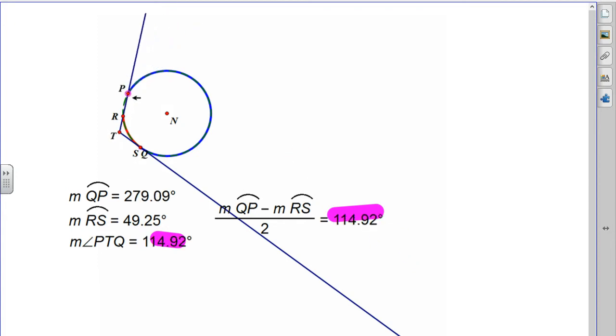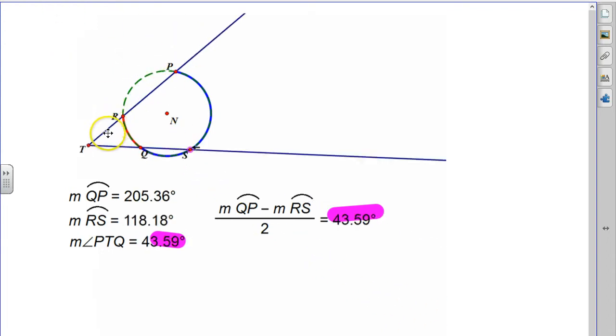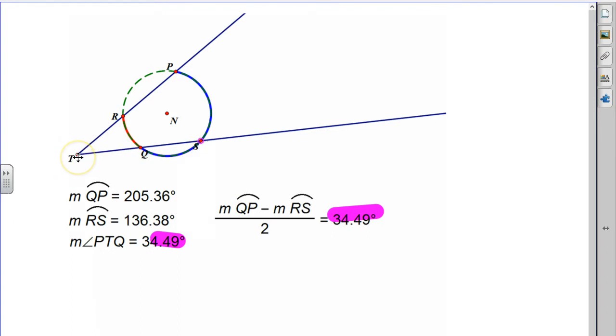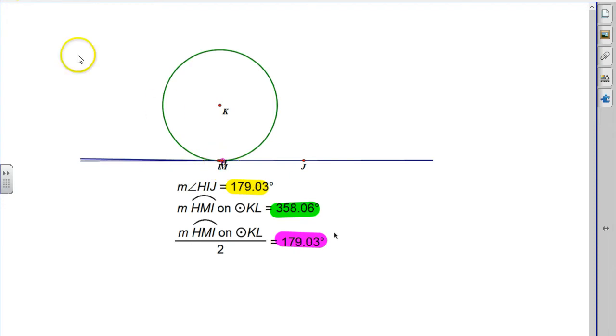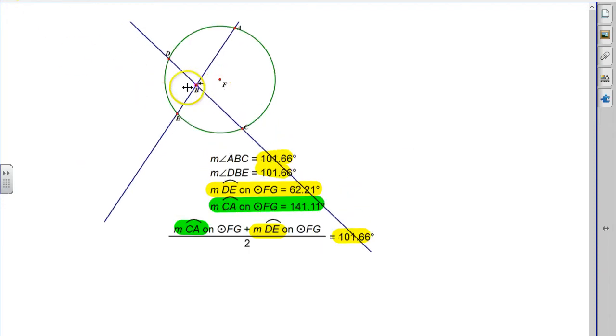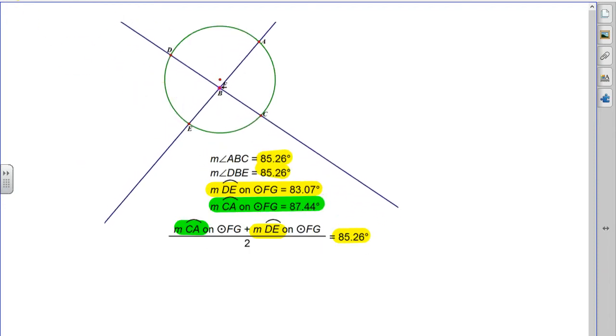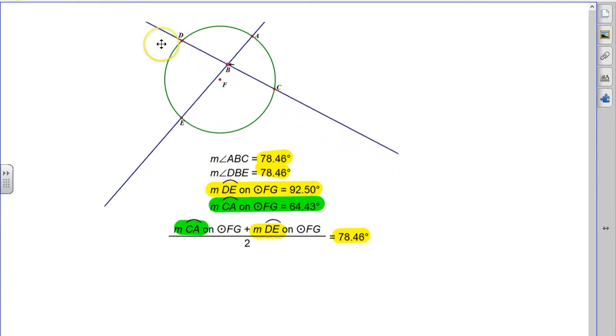So here's the deal. I got this little table in your book, or in your notes. Basically all you have to know for these three theorems is where is the vertex of the angle that we're trying to find? Is it outside? Is it on the circle? Or is it inside? Because depending upon where it's at, that's what the theorem is.